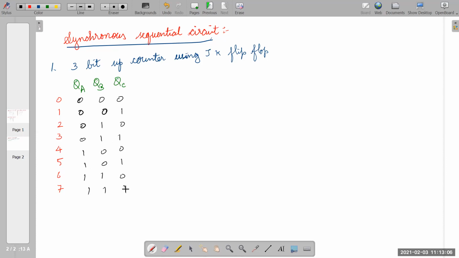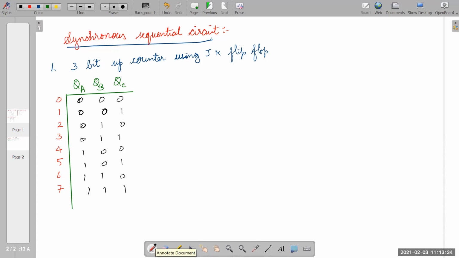So this is the binary sequence I should get at the output.